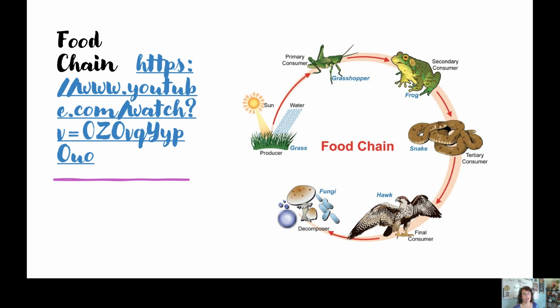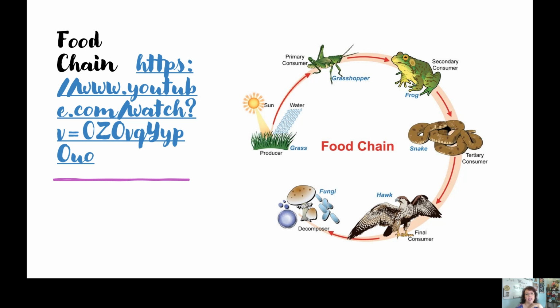Next, food chain, which is different from a food web. There's your YouTube link to watch about the food chain. Now, food chain is things that kind of go in order.